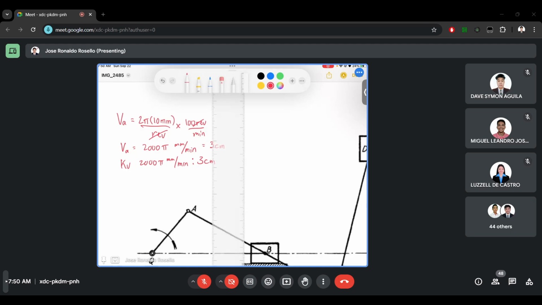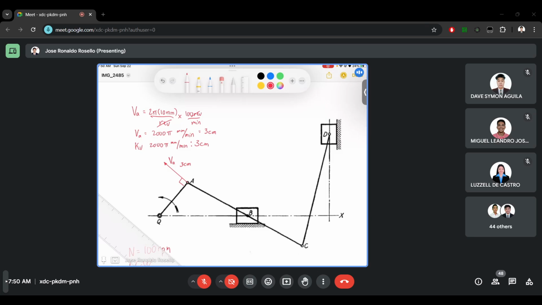So let's draw vector velocity A. And this is velocity A, which is 3 centimeters in length. It should be perpendicular. It is going to the left because the motion of the link QA is counterclockwise.